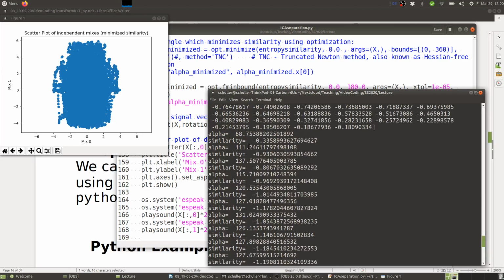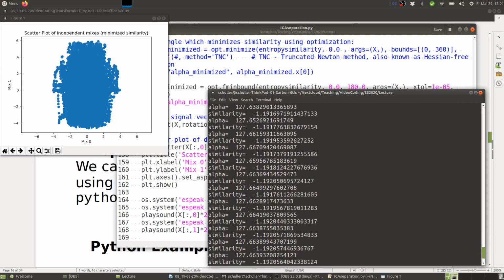So here it starts at some alpha, and at this point actually it approaches this alpha at 127, as you can see here. It's getting closer and closer, and it refines it adaptively. When it finds good values, then it tries to improve those values nearby to get more precise solutions. Right, and it turns out it took this angle at 127.66.